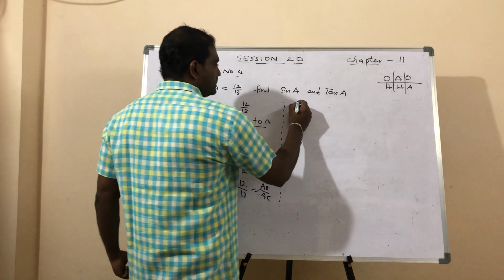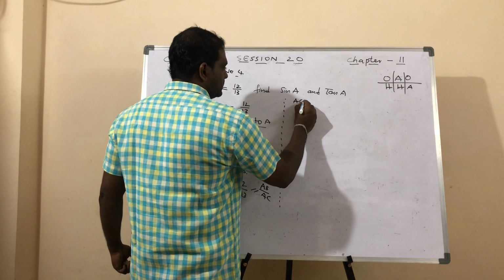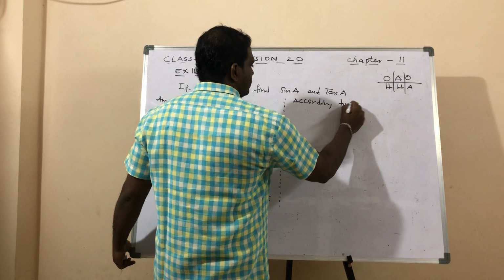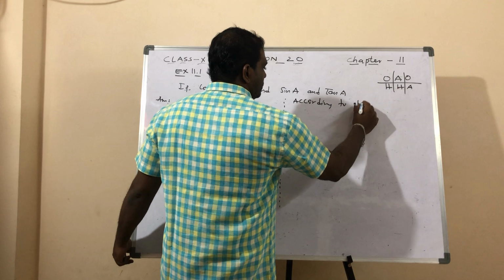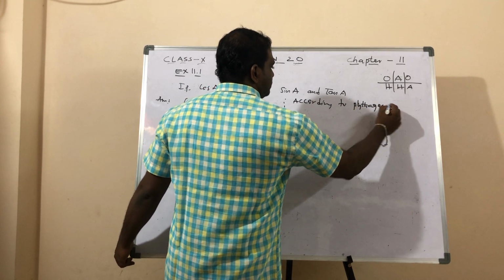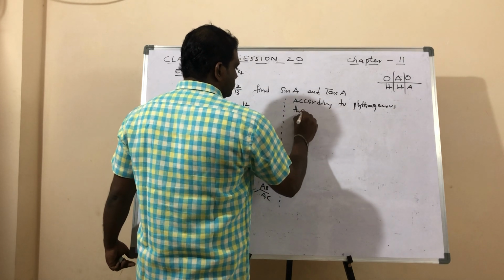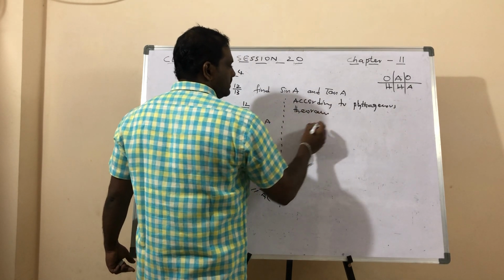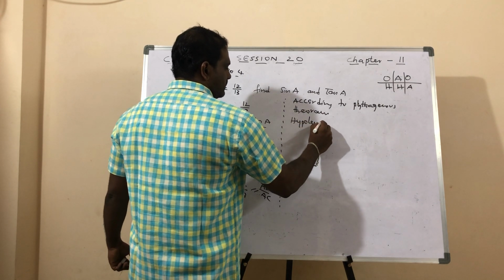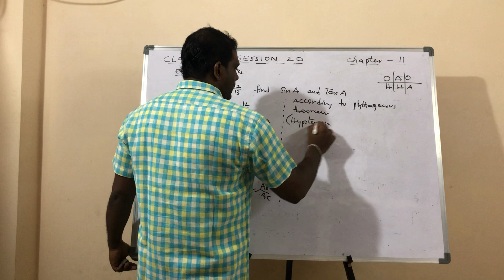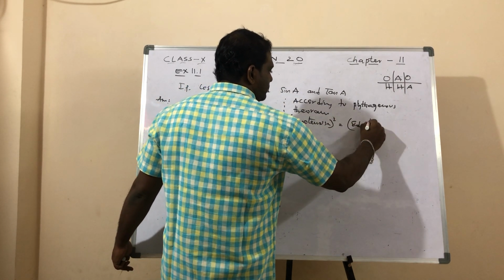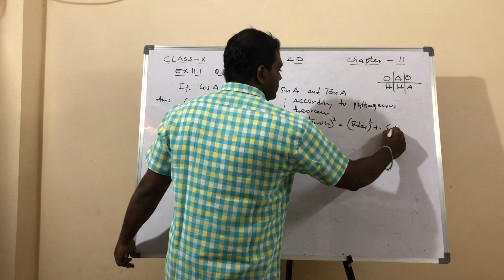According to the Pythagoras theorem, we have to write now. What does the theorem say? Hypotenuse square is equal to side 1 square plus side 2 square.